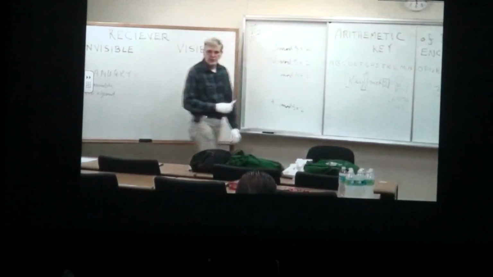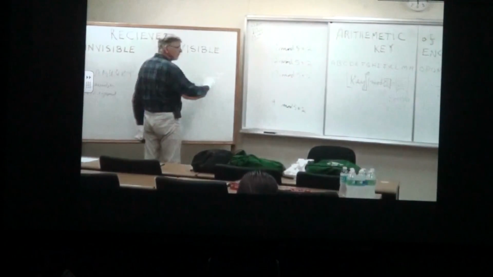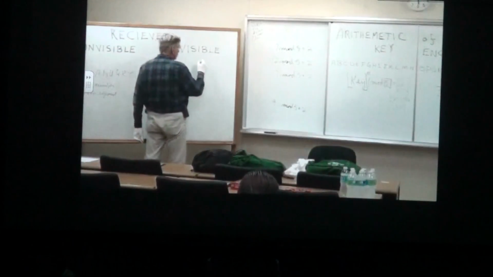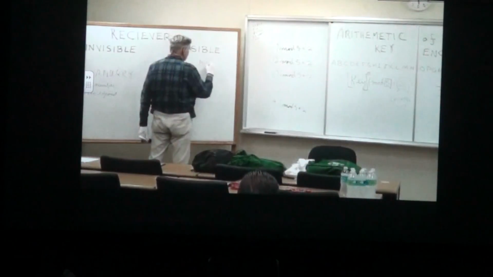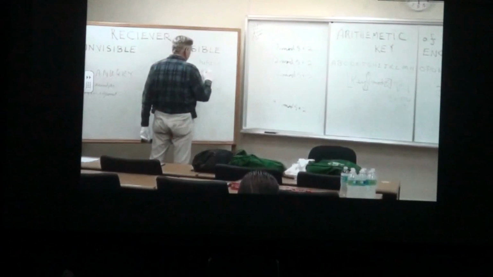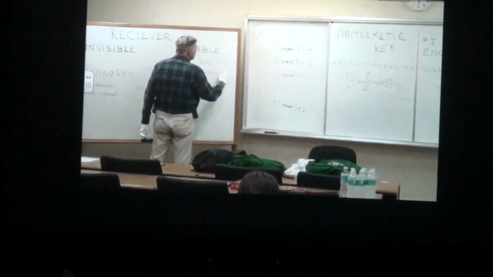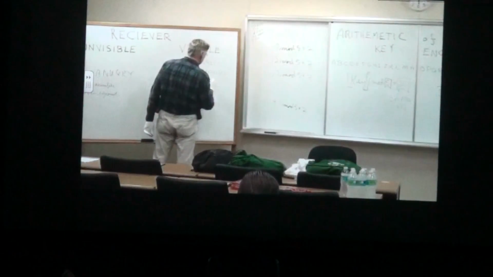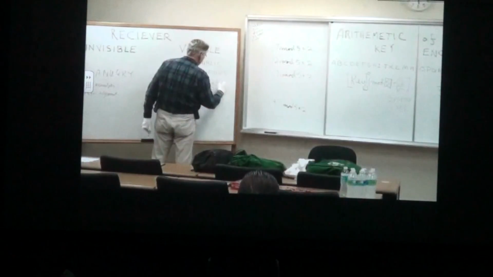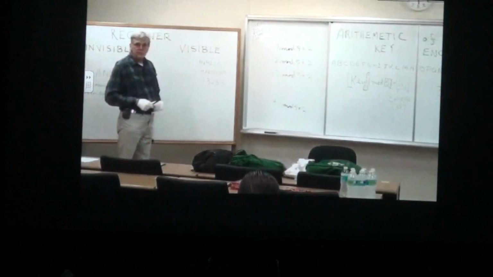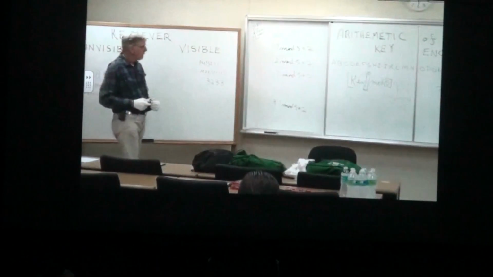Before any message is sent to him, he creates his public modulus and broadcasts it to the whole world. In this case, we're going to create 3233 as our public modulus. We're going to send it to the whole world.